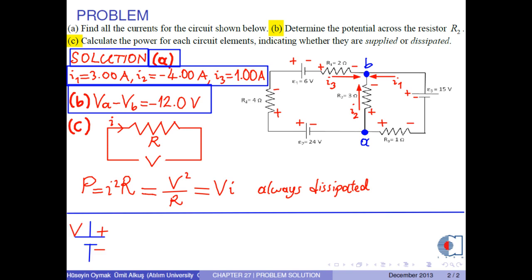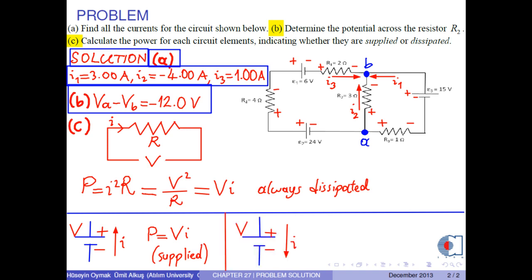For batteries, if current flows from low potential to high potential, power is calculated as V times I, and which is supplied. Or if the current flows from high potential to low potential, again the power is calculated as V times I, and it is dissipated.